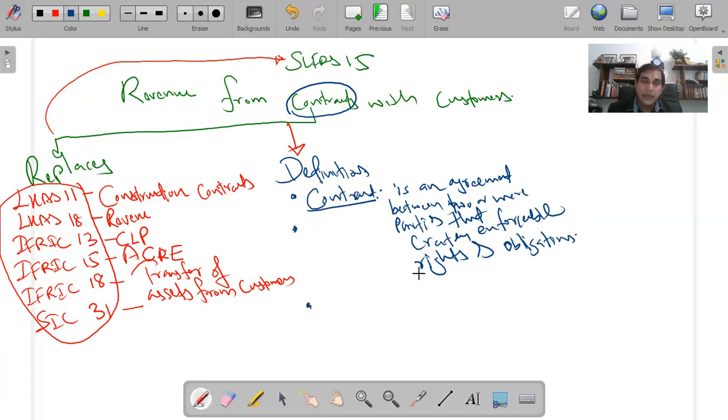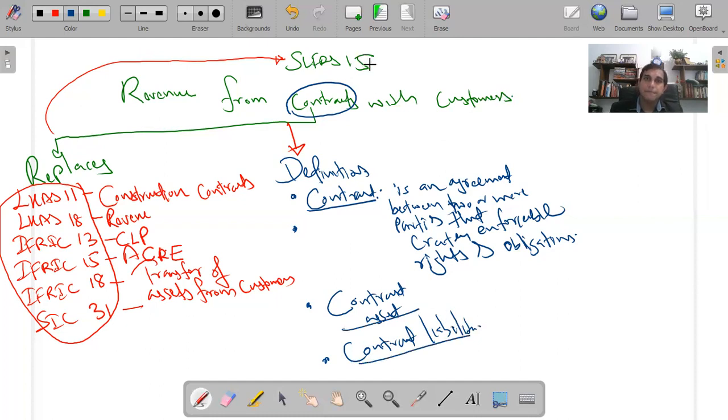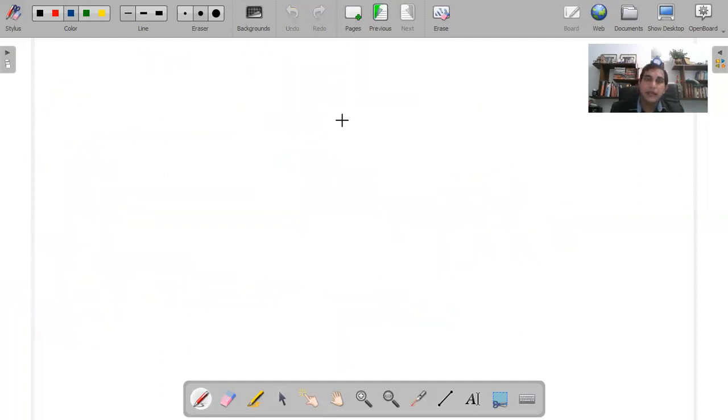Then I would like to highlight another two definitions, contract asset and contract liability. Let me explain those through this example.